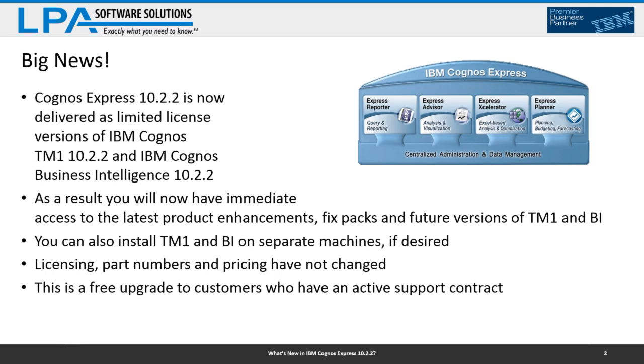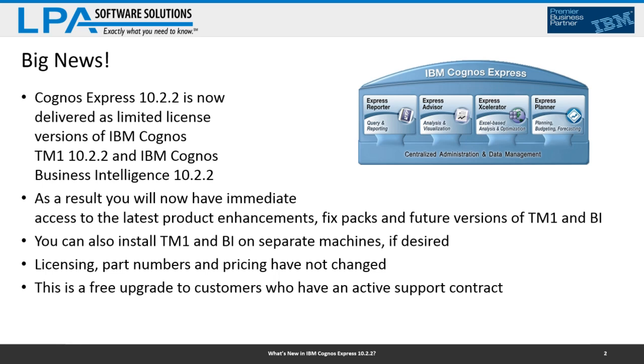Therefore, the introduction of new features and functions has been separate from the enterprise software. Now, starting with the 10.2.2 release, there is no separate software. You will install Enterprise Business Intelligence if you have licensed Reporter, and you'll install Enterprise TM1 if you have licensed Xcelerator or Planner or Advisor.